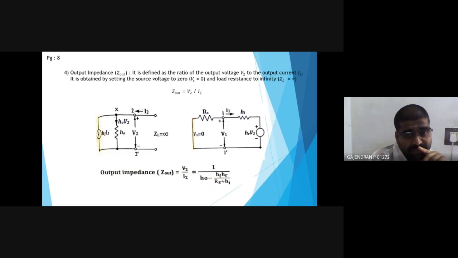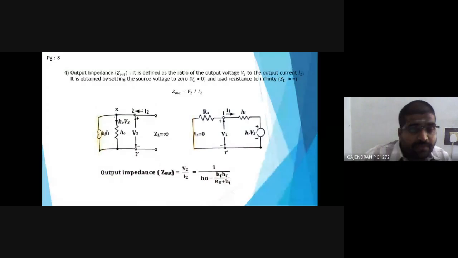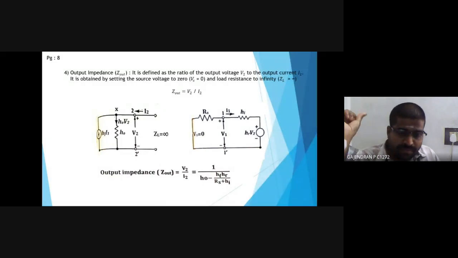And finally, output impedance. Output impedance is denoted as Zout. Similarly to voltage gain and current gain, you have the same basic concept here. Impedance means input voltage by input current for input impedance, and for output impedance we take output voltage by output current.